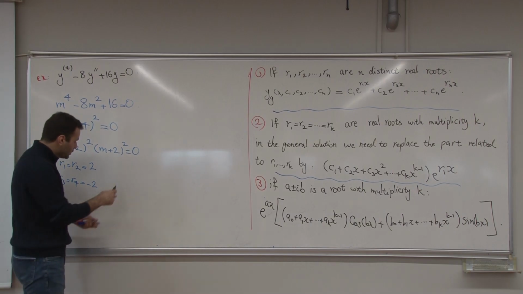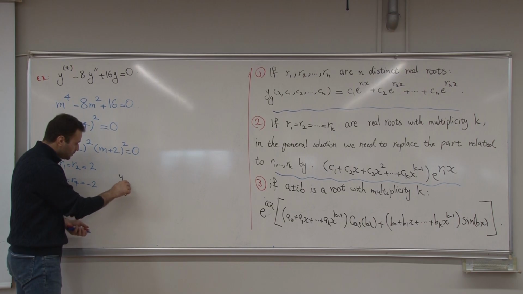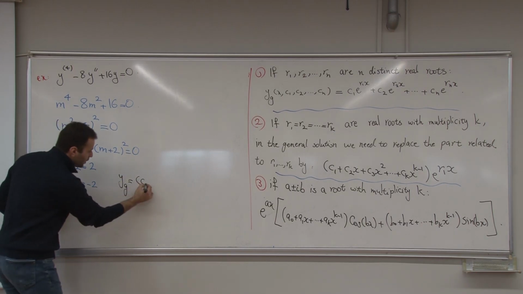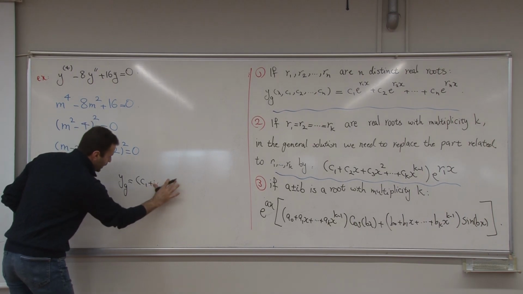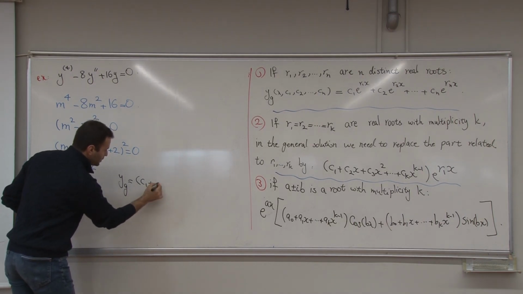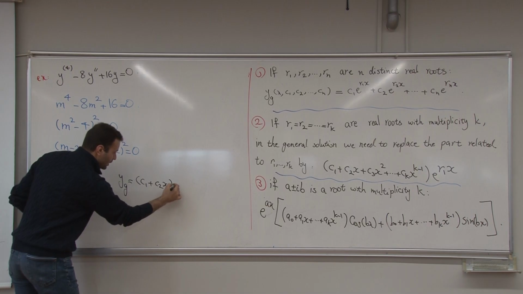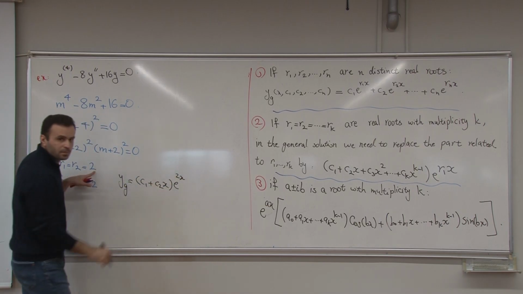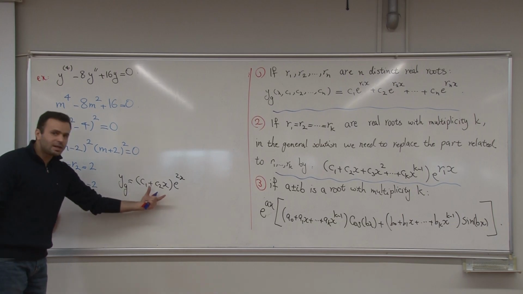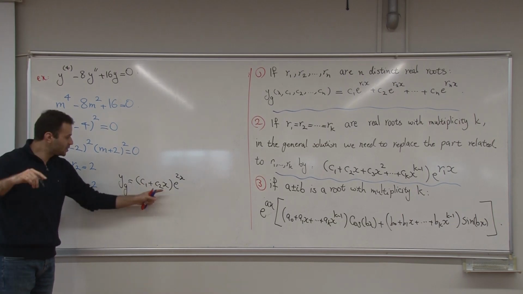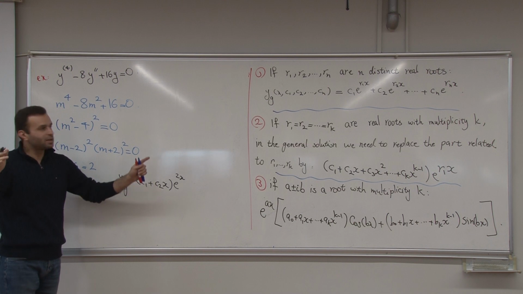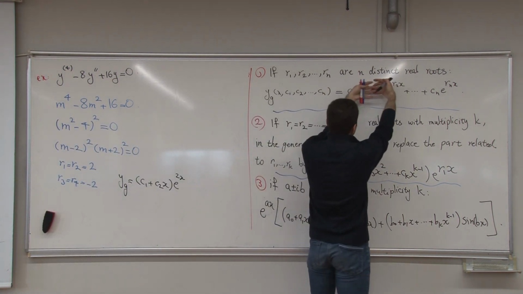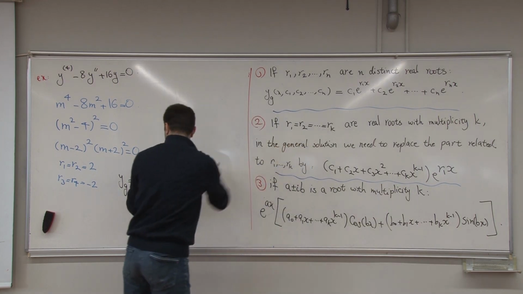Our general solution is going to be c1 plus c2x, multiplied by e to the power of 2x. Here I am replacing the c1 e to the power of 2x plus c2 e to the power of 2x part with this general form, because they are repeated roots.